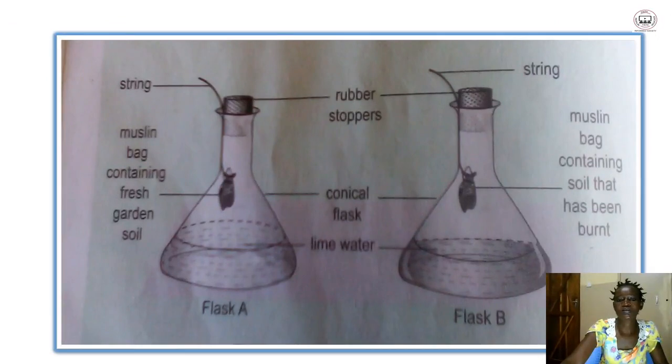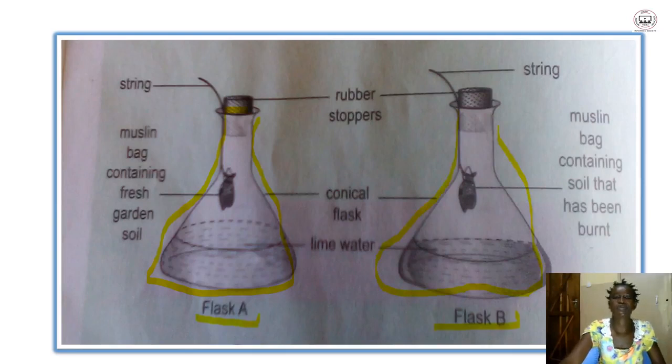Yeah, so this is how our experiment should be set up. At least you should have 2 conical flasks labeled A and B. Then each conical flask should contain a muslin bag with a string suspended in the conical flask.